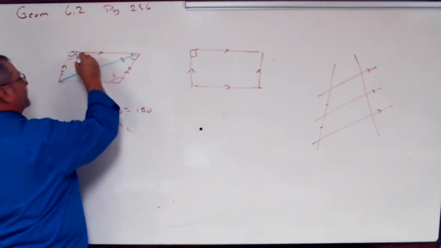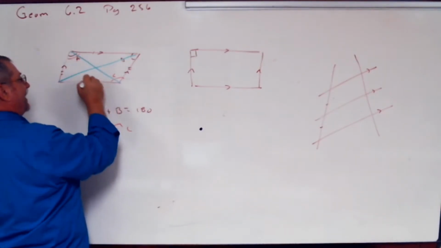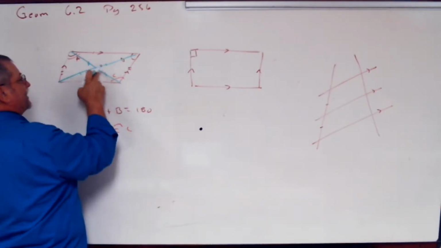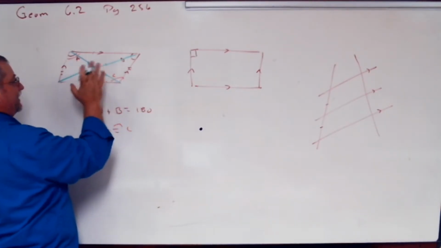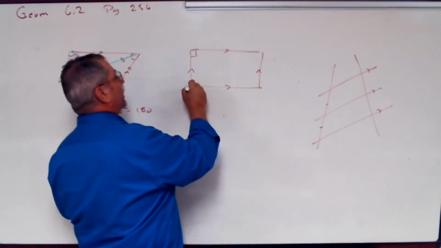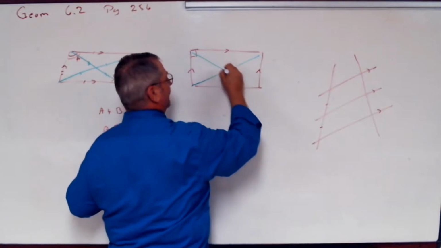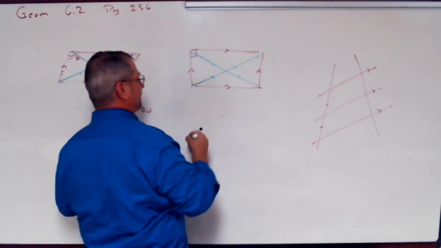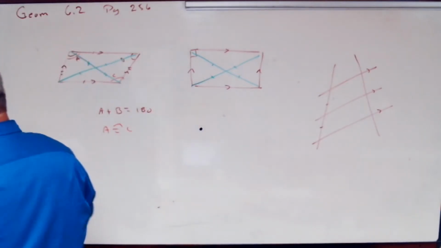This one and this one are not the same length, but this is, and this is. This and this are the same length, this and this are the same length. That's what bisect means. Over here, they are the same length because of 90 degrees, and that would mean all of them are the same length on the rectangle.